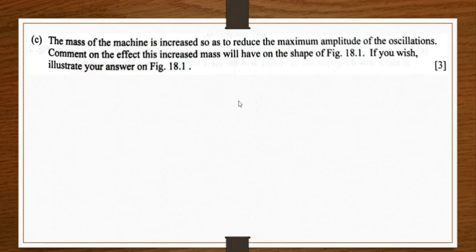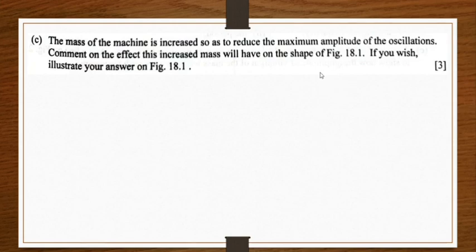And then the mass of the machine is increased so as to reduce the maximum amplitude of the oscillations. Comment on the effect this increased mass will have on the shape of figure 18.1. If you wish, illustrate your answer on figure 18.1.